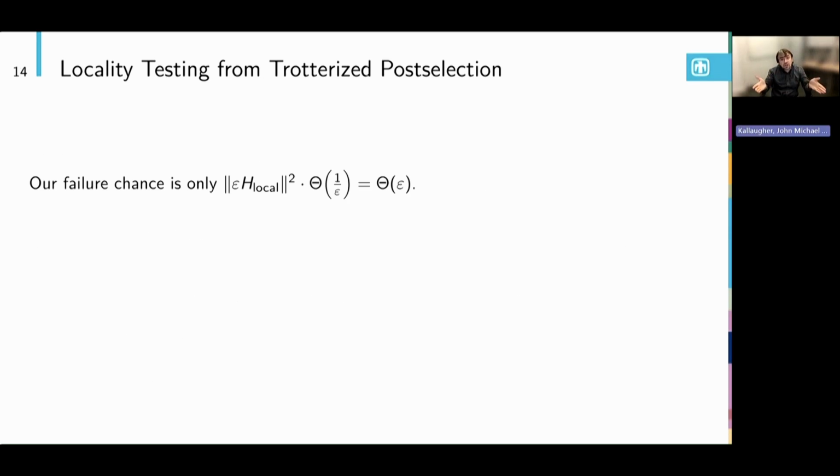Unfortunately, it turns out that our chance of failing post-selection is actually pretty small. At each instance, our measurement is only looking for an epsilon-sized local part of the evolution, because we only evolved for time epsilon. So we'll only have an epsilon squared chance of hitting that. And so even with our 1 over epsilon repetitions, we'll still only have an O of epsilon chance of failing post-selection.